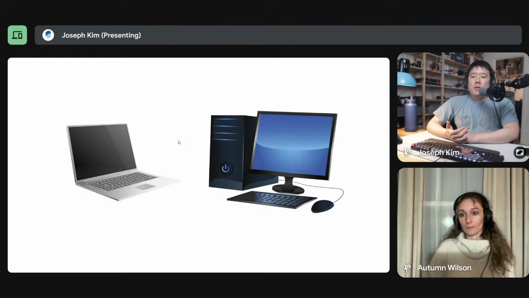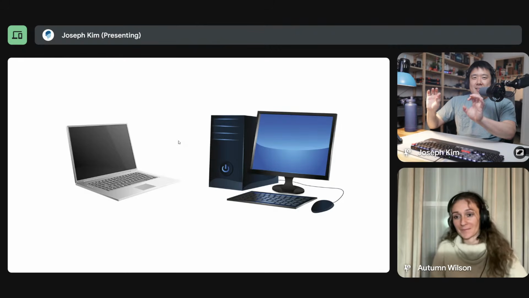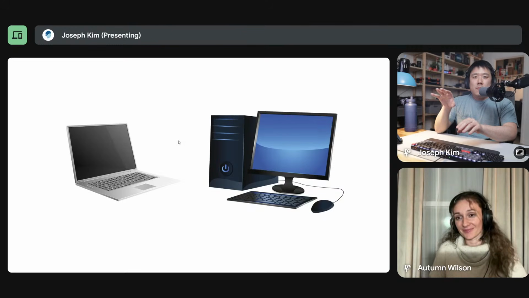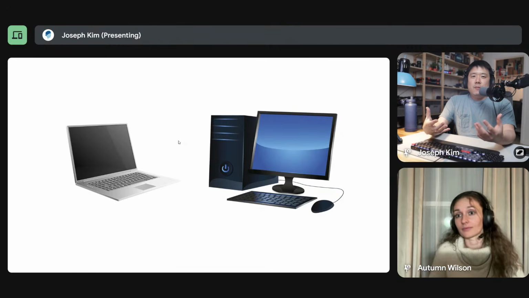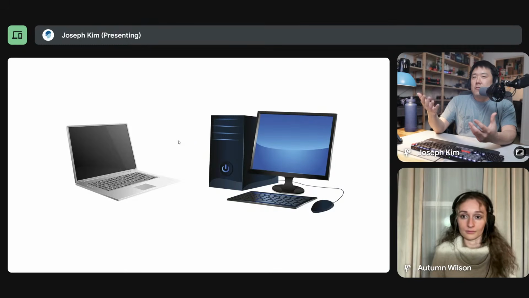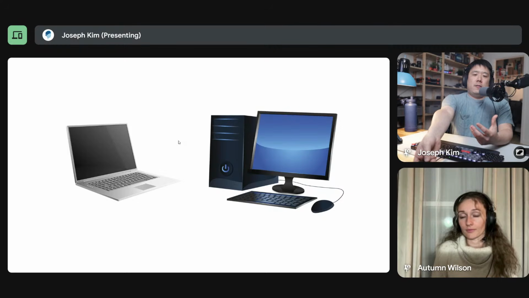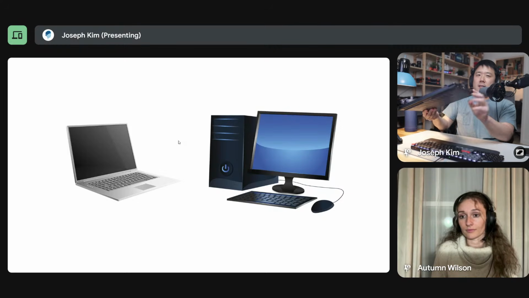And when you see a very thin and light laptop, because of the cooling matter, it looks sleek, it's beautiful, and you want to have it. But another thought that should cross your mind is, okay, but it's actually going to struggle to cool down. It's going to have a lot more problems when it comes to cooling. So I tend to prefer at least a little bit of thickness.